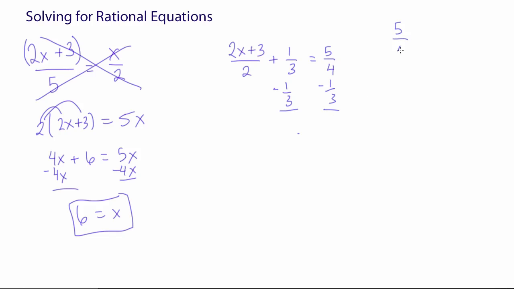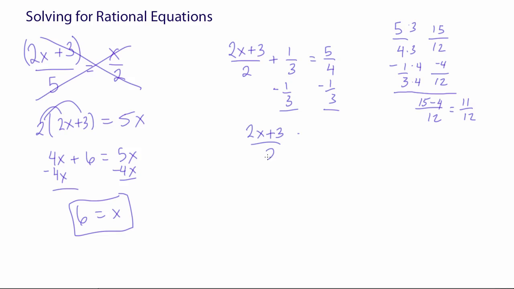So we got 5 over 4 minus 1 over 3. And I have to find a common denominator. Well, that's going to give me 12. And here I'm going to multiply by 4, here by 4. So negative 1 times 4 is negative 4. Times 3 times 3, that gives me 15. So 15 take away 4 over 12 gives me what? 11 over 12. So 2x plus 3 over 2 equals 11 over 12.